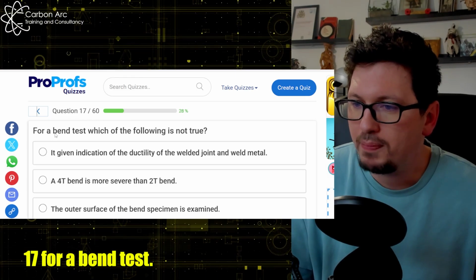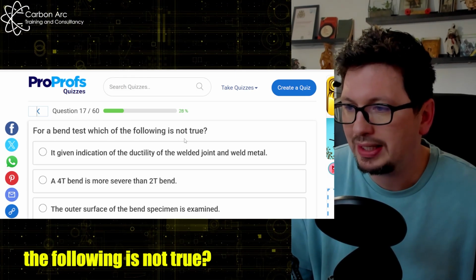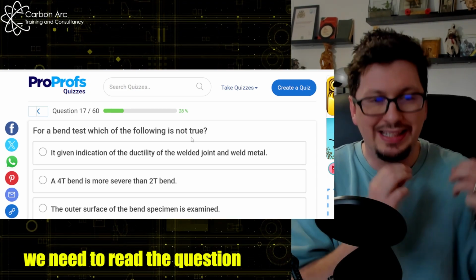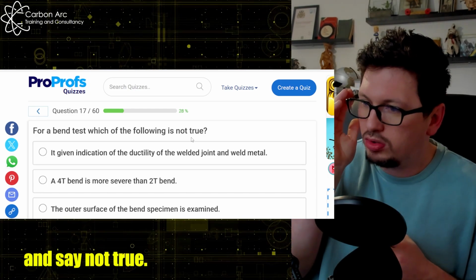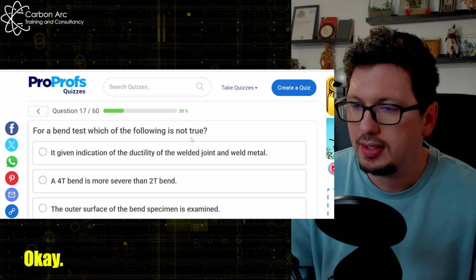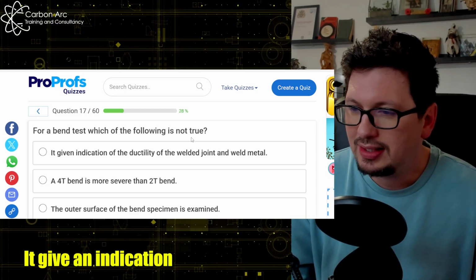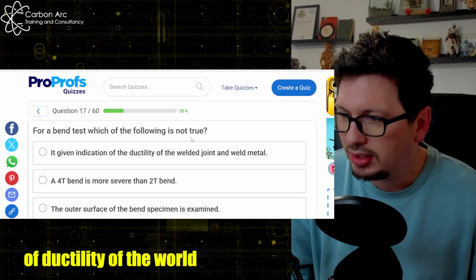17. For a bend test, which of the following is not true? Again, with all of these types of questions, we need to read the question and say, not true. It gives an indication of ductility of the weld.